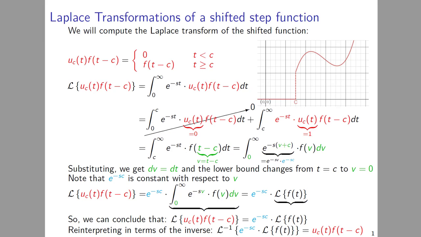So whenever we have a factor of e to the negative sc for some value c in our Laplace transform, we will need to use one of these shifted functions to get the inverse Laplace transform. We'll look at an example of this in one of the upcoming videos.